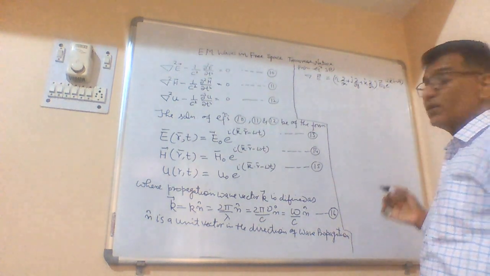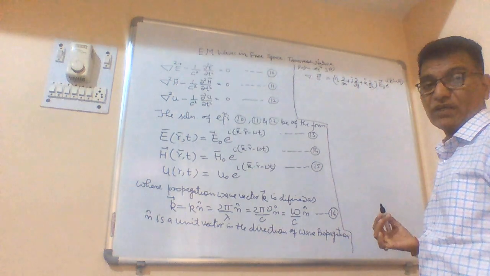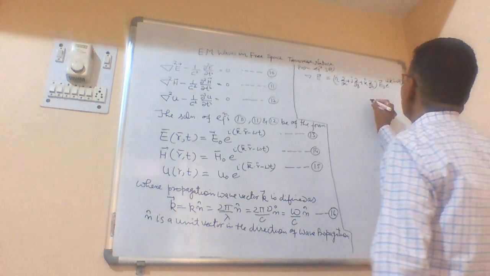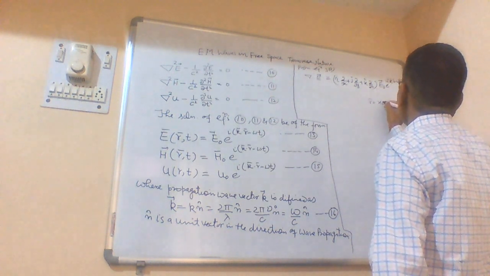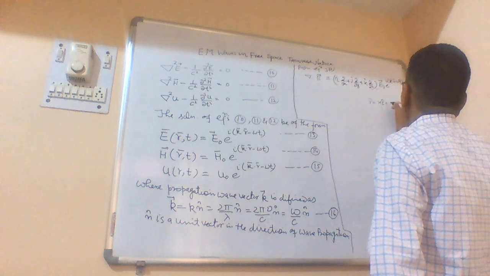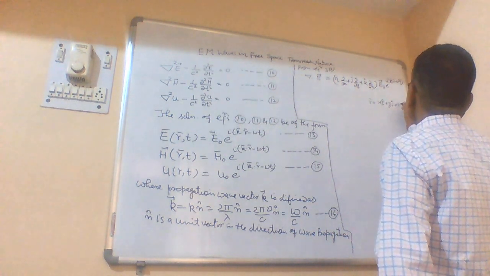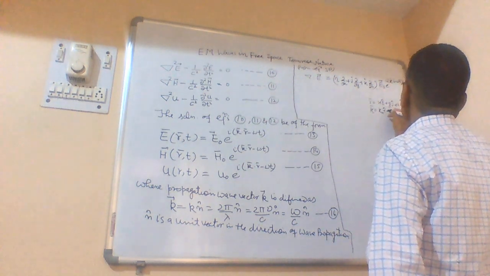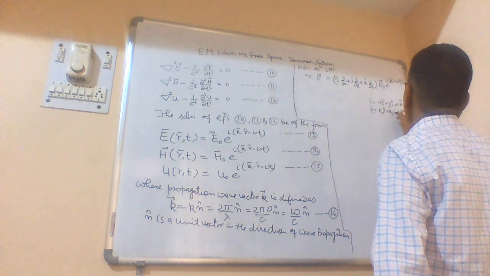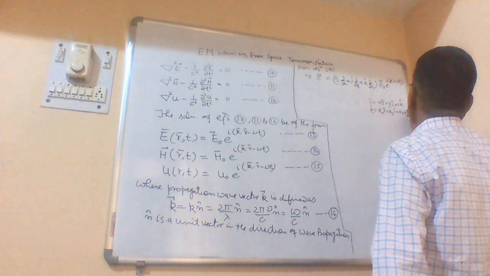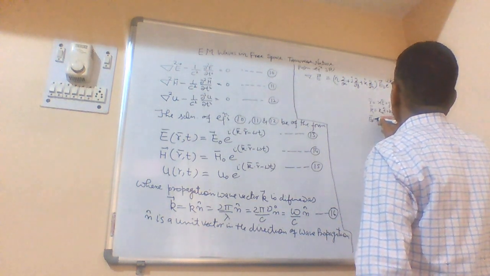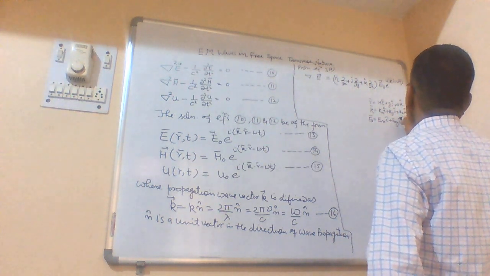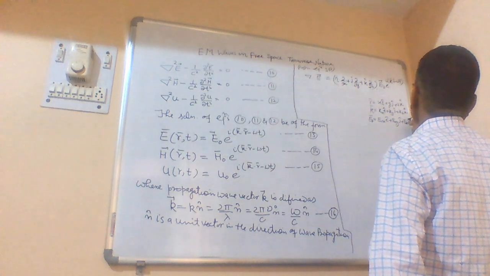So k dot r, r is the position vector, x i plus y j plus z k. k may also be written as kx i plus ky j plus kz k. E naught is equal to E0x i plus E0y j plus E0z k.